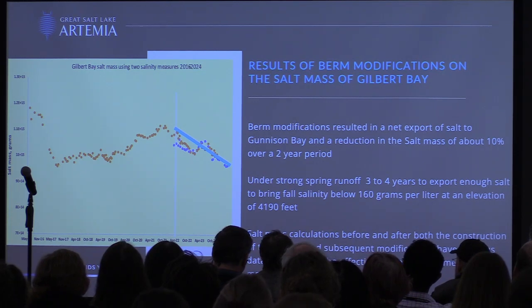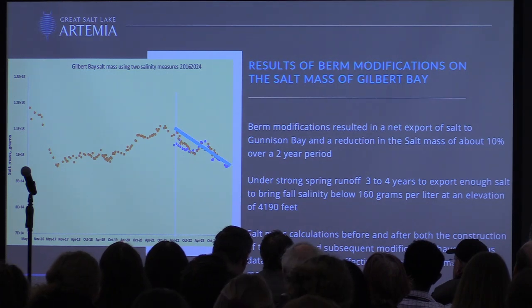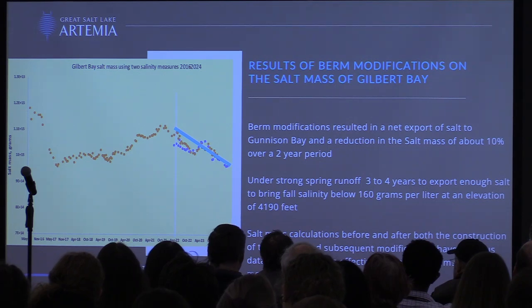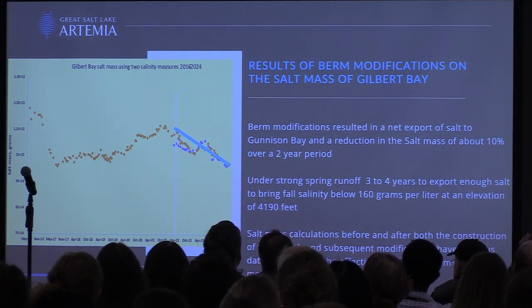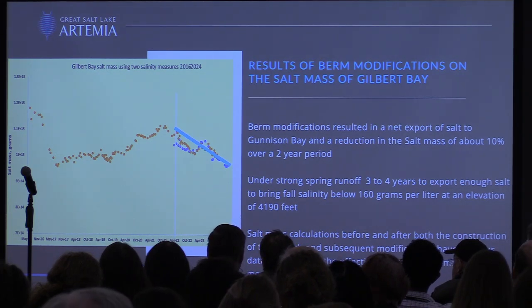What does that mean? That means that if the lake had been at the maximum salt mass, at a level of 4190 feet, it would have taken about 4 years for that salinity of 190 ppt to come back down to that more acceptable level of 160 solid grams per liter.